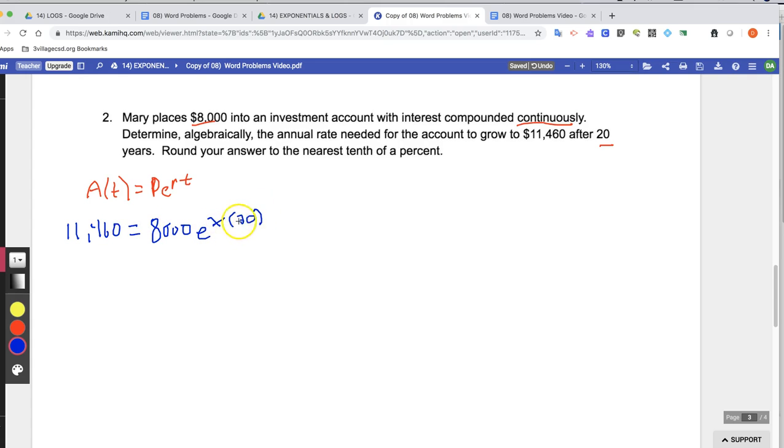We want to solve for x, which is in the exponent. And so like the last question, since x is in the exponent, we're going to want to get this base of e raised to the exponent of x times 20 by itself. So we can do so by dividing both sides initially by 8,000.